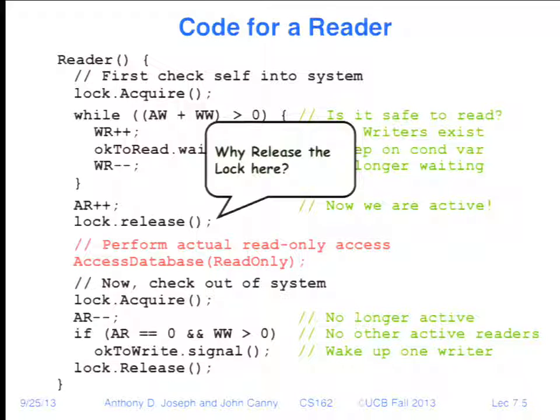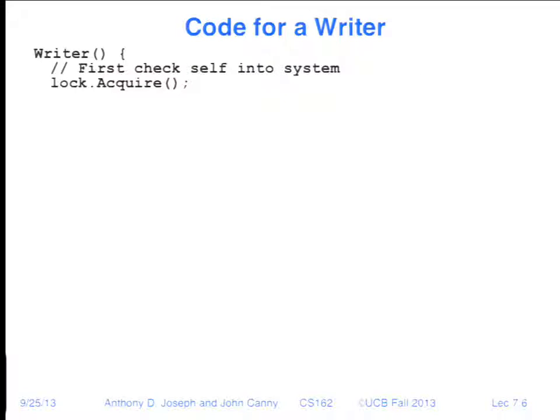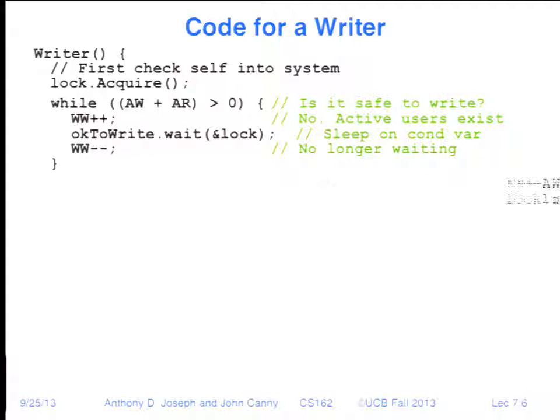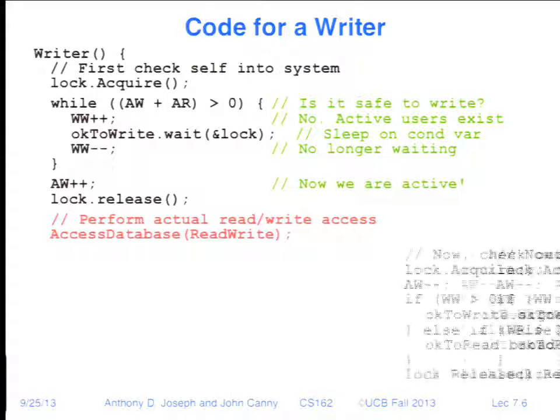All right, so we may have updated a writer, sorry, excuse me. We may have updated some state here, but we want to allow the other readers to go through and check, and possibly wait if they need to. But if they don't need to wait, we want to give them access to the database. All right, so writer code. It's kind of similar.